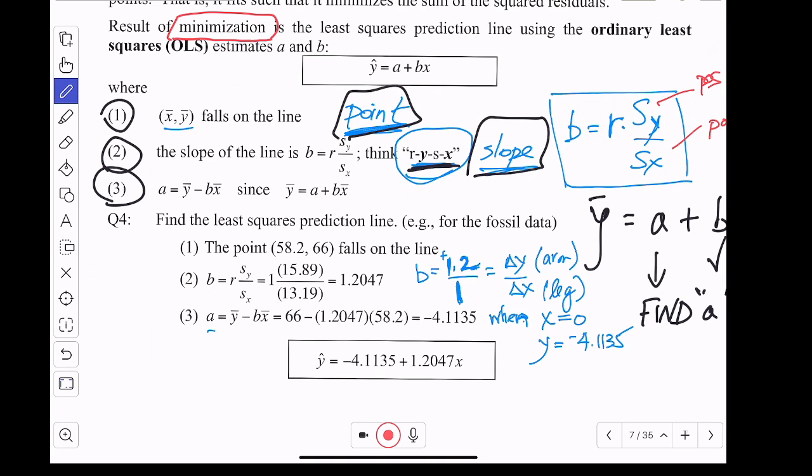So what does this mean? When x is 0, y, that's what the intercept means. So when there's no leg bone, the arm bone is negative.